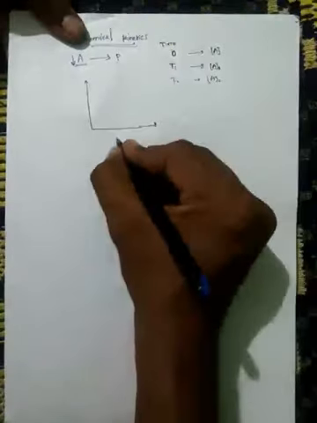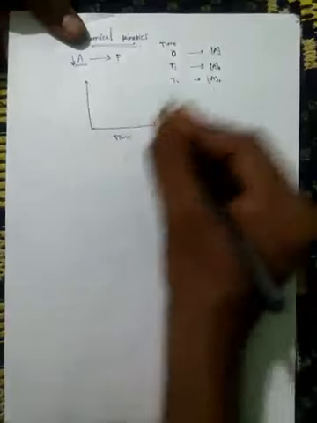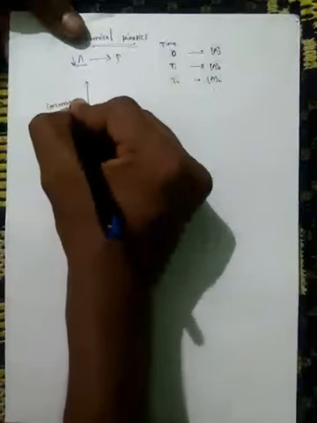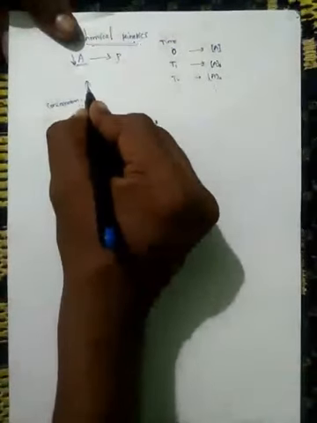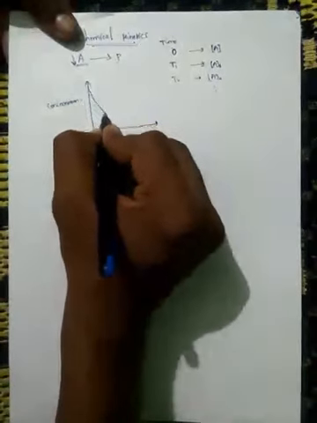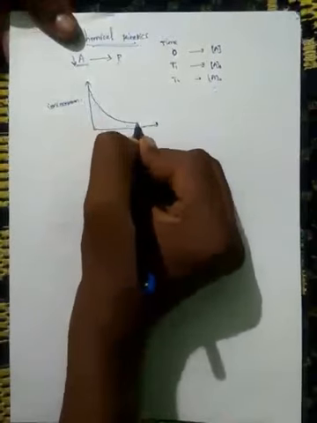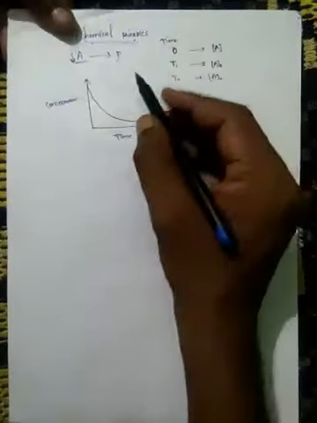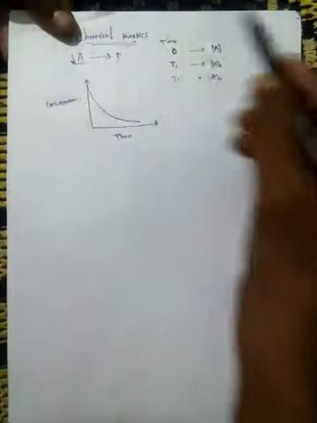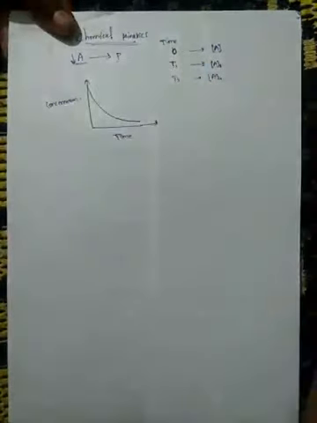Let me say here the time is on the x-axis and the concentration is plotted on the y-axis. If you plot, then you will have a curve. I have taken a reaction and I am carrying out this reaction. I have just measured the concentration of reactant at various time intervals.